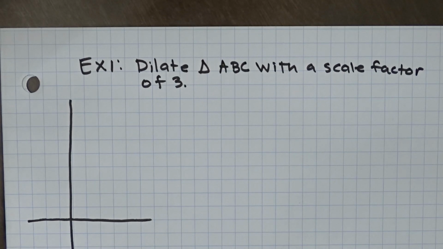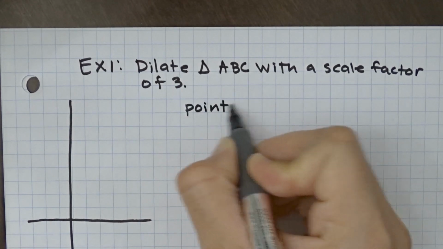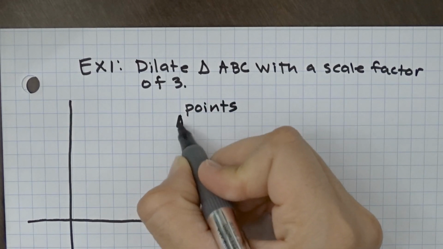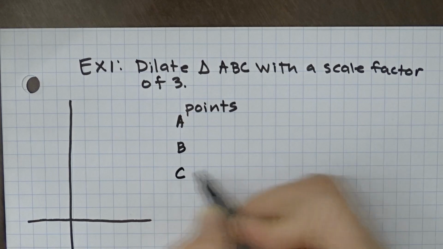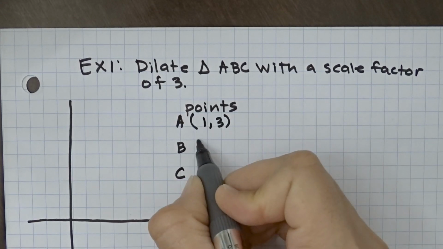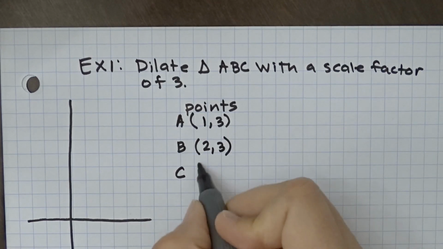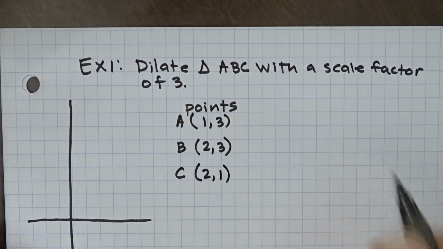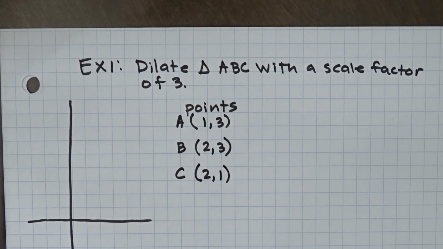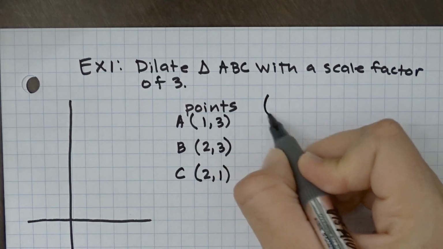So let's give you the points for triangle ABC. Point A is going to be 1, 3. Point B is going to be 2, 3. And point C is going to be 2, 1. Now, the rule is you're going to multiply the x and the y coordinate by 3. So the rule is going to look like this.